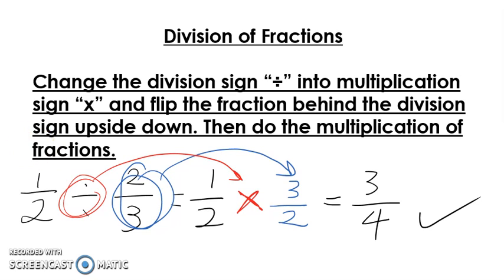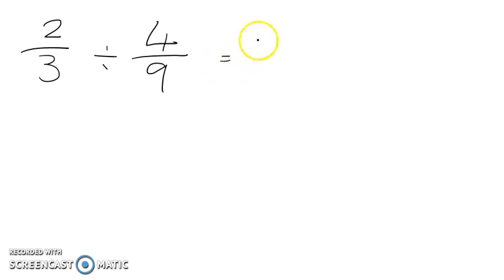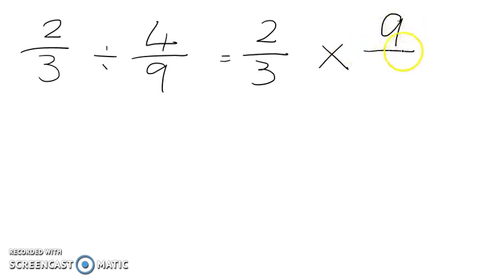And again, it's not going to be one page, and we will do more examples. So what if I have 2/3 divided by 4/9? The first fraction stays the same, division becomes multiplication, and 4/9 becomes 9/4. Before we get the answer, revision for crossing out, cancelling out.